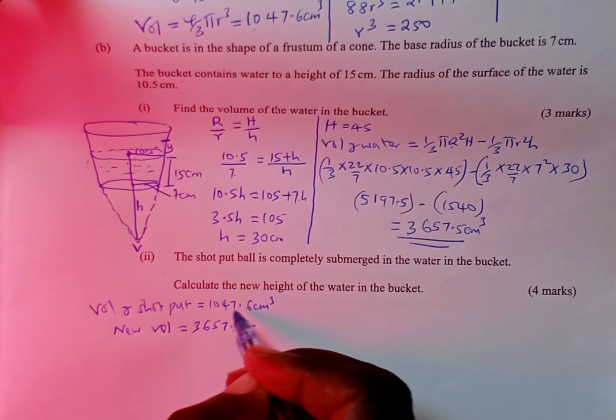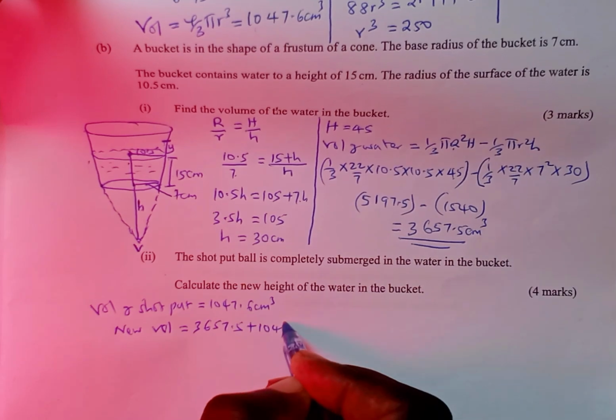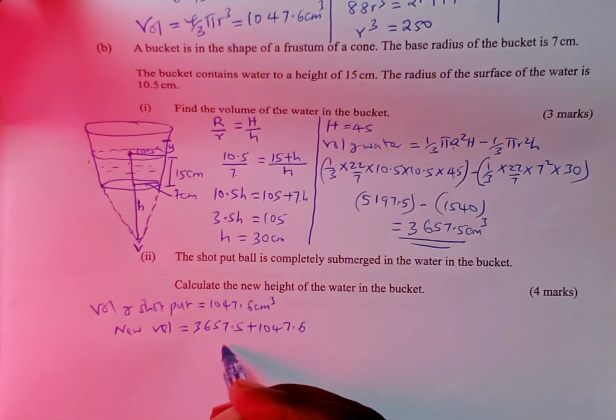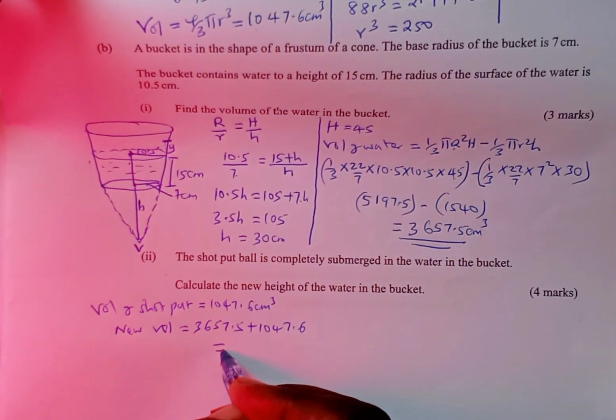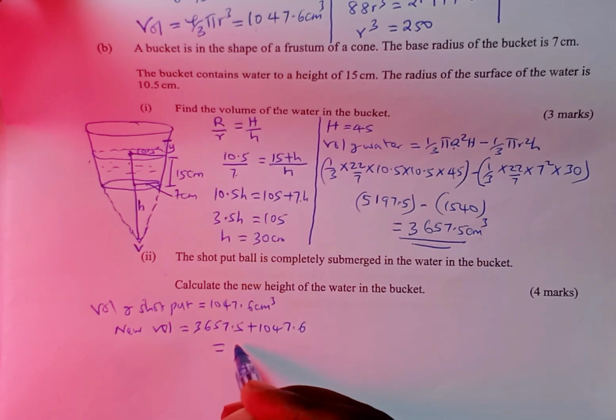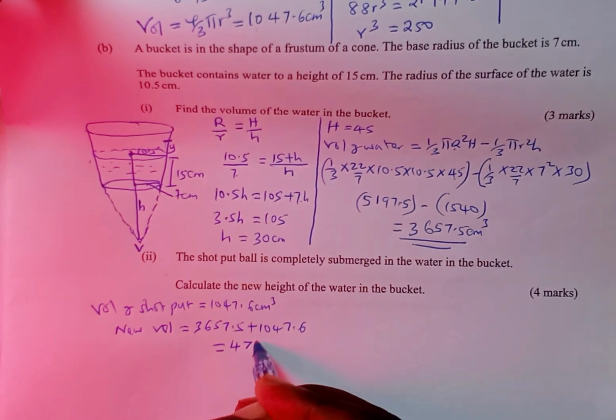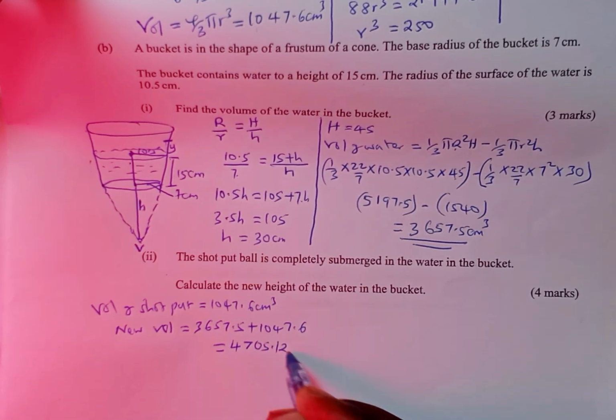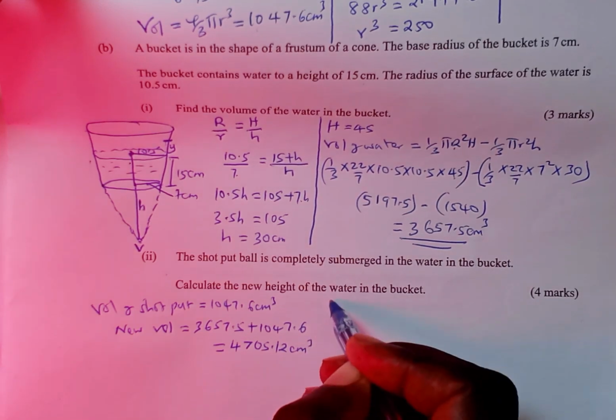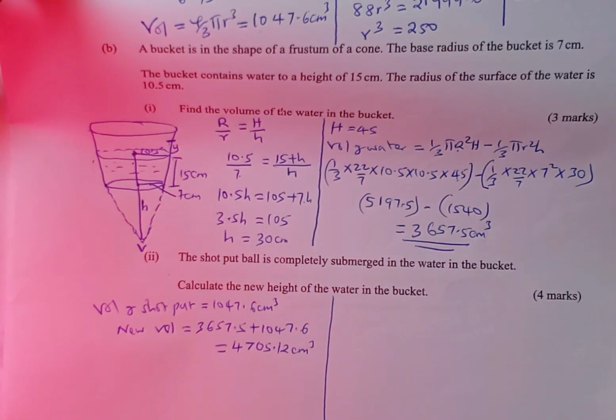We add the volume of the shot put, which is 1047.6, and this one gives us a volume equivalent to 4705.12 centimeter cubic.